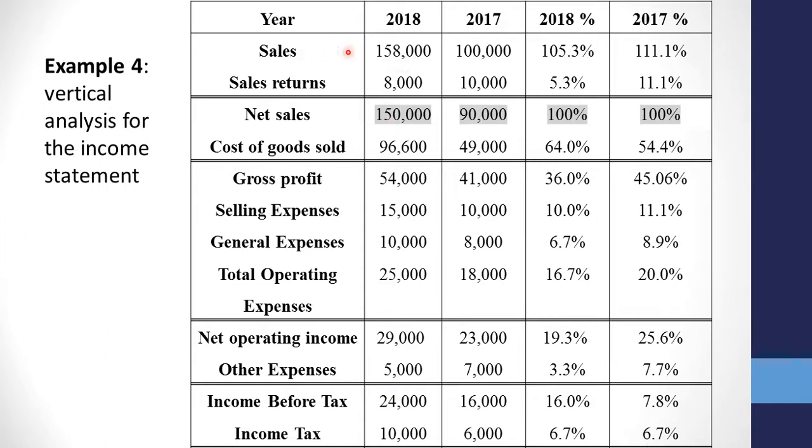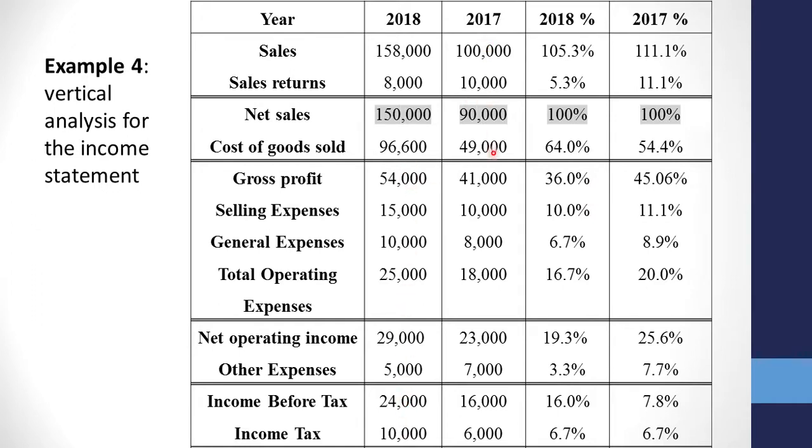So to get the percentage of the sales, we're going to divide 158,000 by 150,000 and place the amount here. We're going to divide 8,000 sales return by 150,000 net sales and place the amount here. We're going to divide the net sales by itself to get 100. 96,600 cost of goods sold divided by 150,000 gives 64%. 54,000 gross profit divided by 150,000 net sales, multiplied by 100, gives 36%, and so on until you finish 2018.